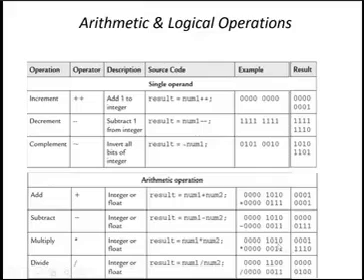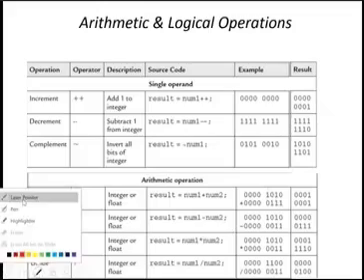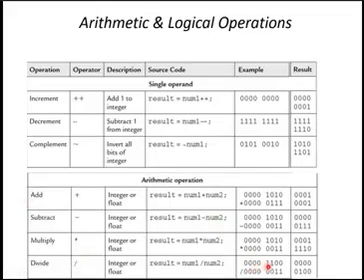We subtract between these two numbers. 0 minus 1, so we need to borrow from the next bit. 0 minus 1, borrow 1 from the front, so it becomes 1.